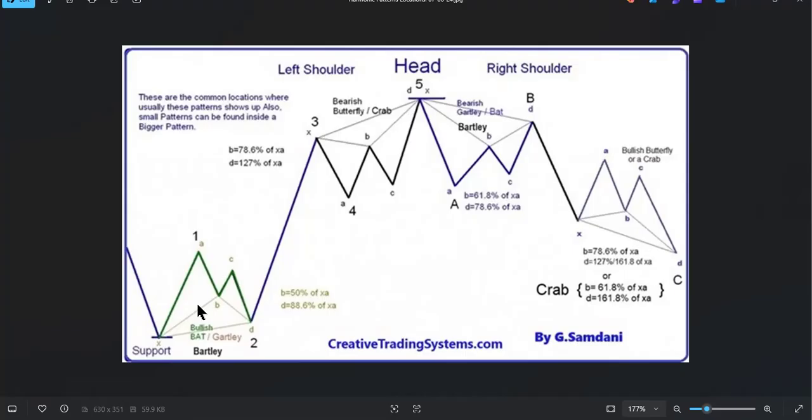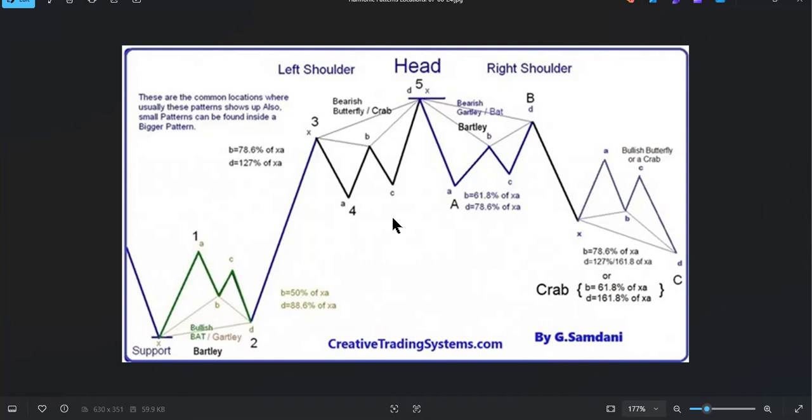So once you know, here you can take the bullish Gartley or bat, and here you can take a bullish butterfly or crab pattern, right? So these are the locations 1, 2, 3, 4, 5, A, B, C. Here, here, here, here, this pattern happens, right? So this is Elliott wave alongside the harmonic patterns, right?